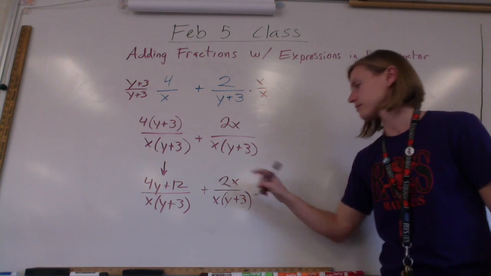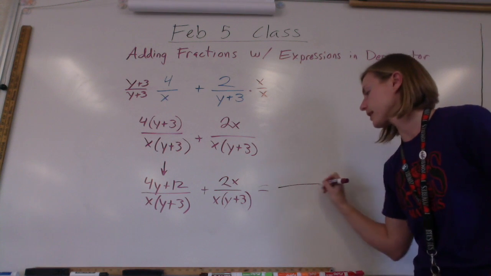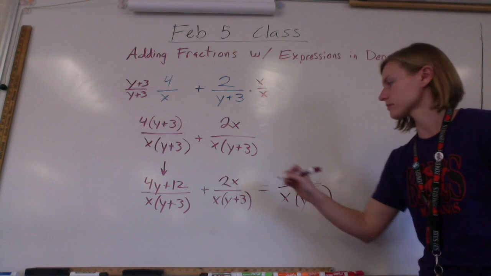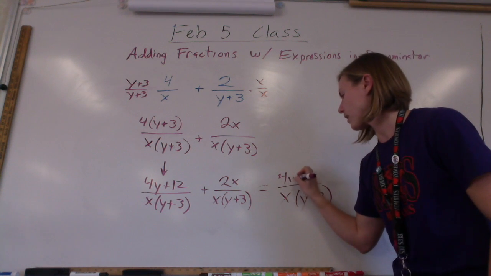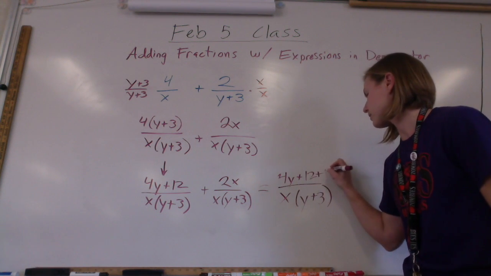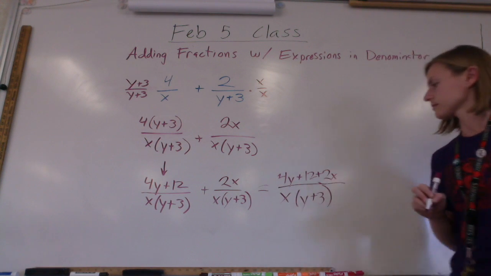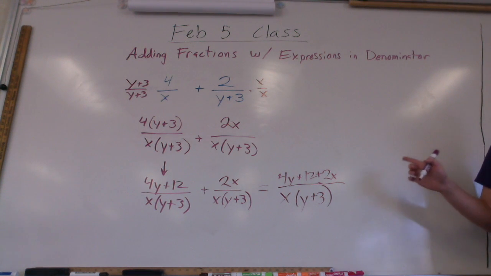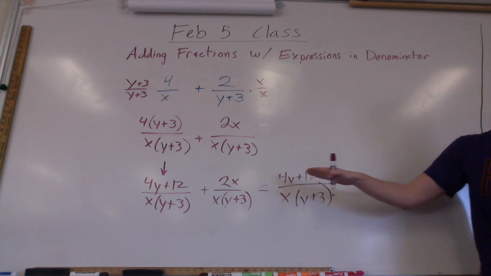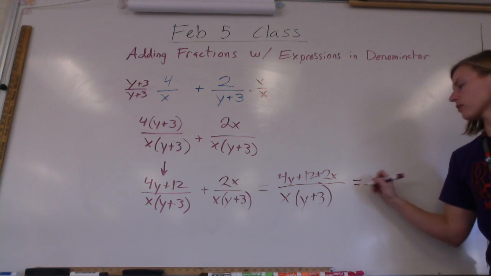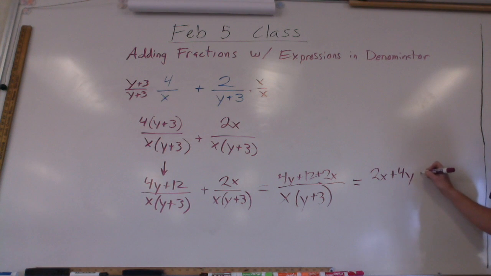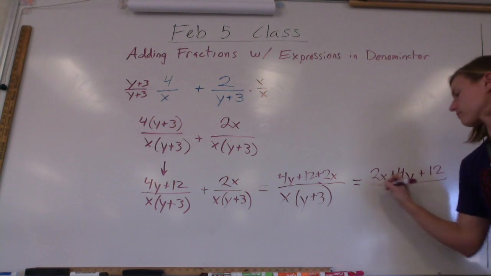So now we can just add across the top, keep the same denominator. And you have your 4y plus 12 plus 2x. In high school, they'll expect you to know that your order of having things is always alphabetical, so x should come before y, and stuff without variables goes at the end.